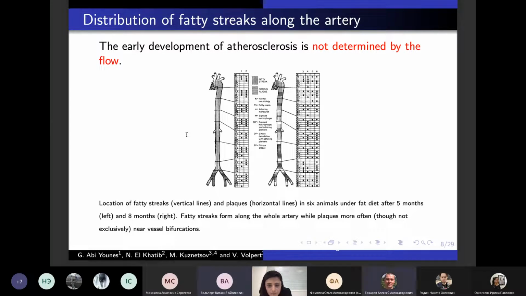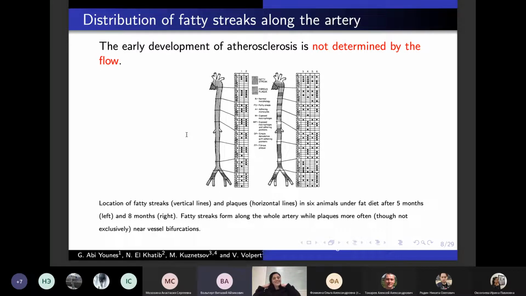The left figure, I think it's written here, is after 5 months of fat diet. So they took these poor mice and they gave them a lot of food, and then they looked at what happened with them.